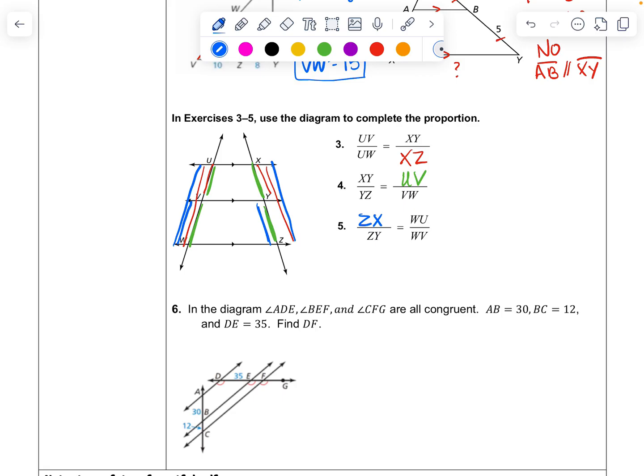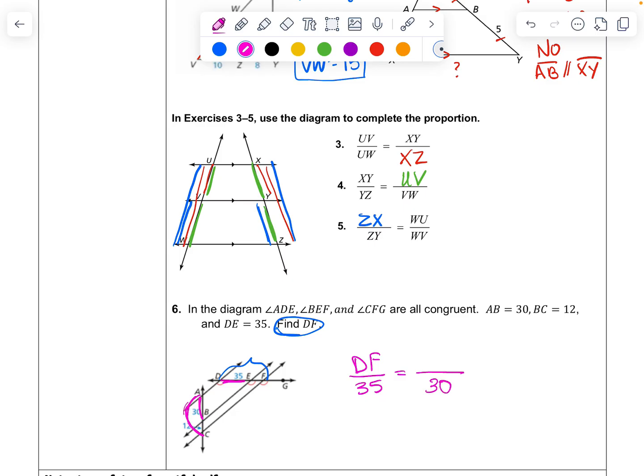All right. So that's kind of how those proportions can be set up. So now let's look at our diagram and solve for DF. They want us to find DF right here. Okay, and DF is this whole spot right here. So let's start by setting up a proportion. We can say that DF goes with 35, right? Just like this whole side goes with 30.